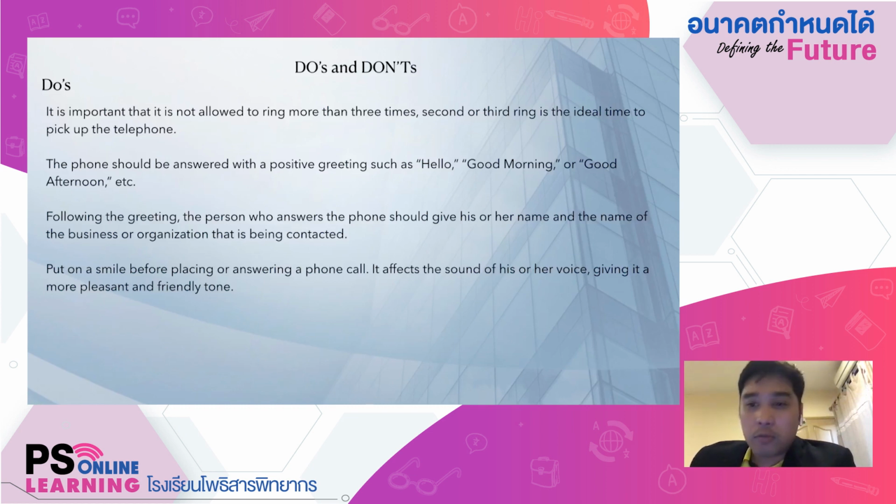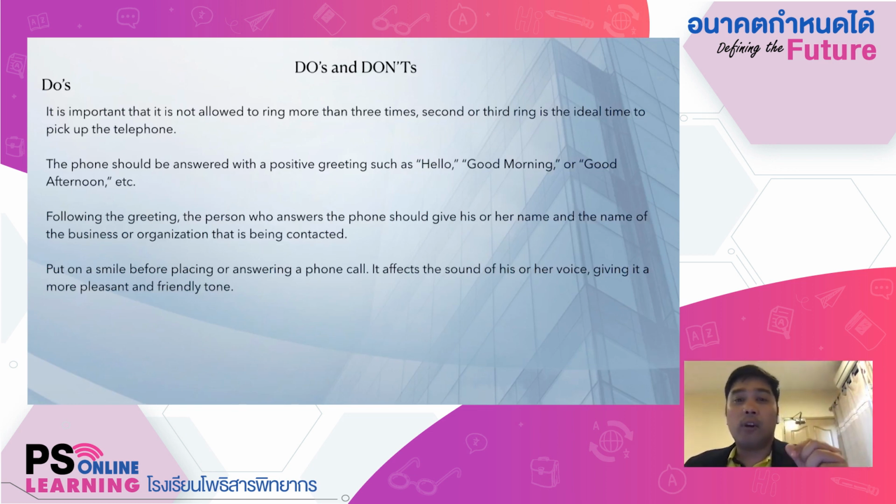Second, the phone should be answered with a positive greeting such as hello, good morning, or good afternoon, etc. So, for example, someone's calling you, good evening, and you pick up and you say, hi, this is. So, this example is what we call an informal greeting. Informal greeting.